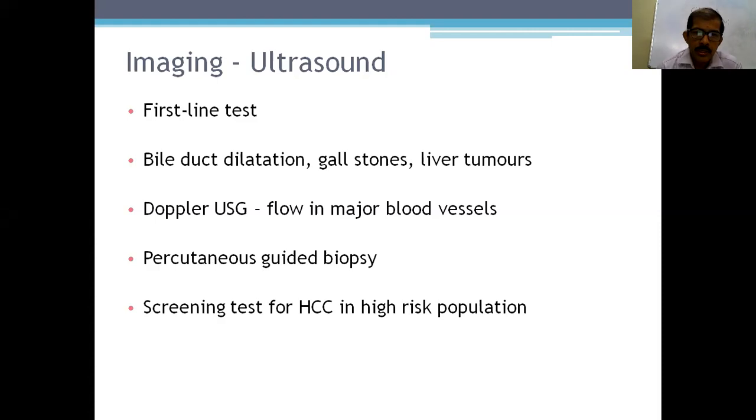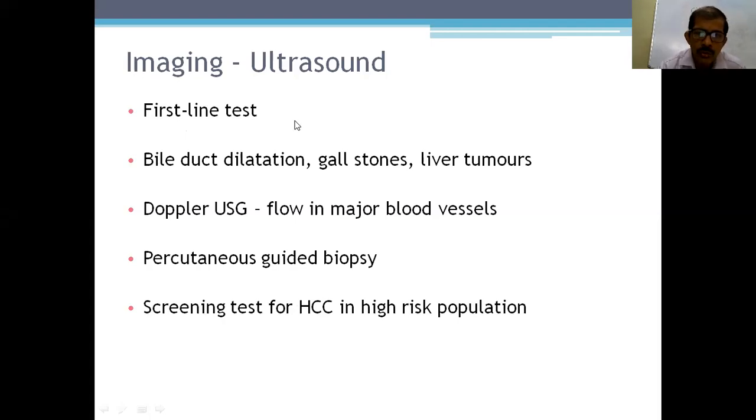Of course, in some countries like China, they do an ultrasound screening test for hepatocellular carcinoma because the incidence is very high there. So these are the uses of ultrasound. It is the first line test whenever you suspect a liver problem. One, to confirm that it is liver.